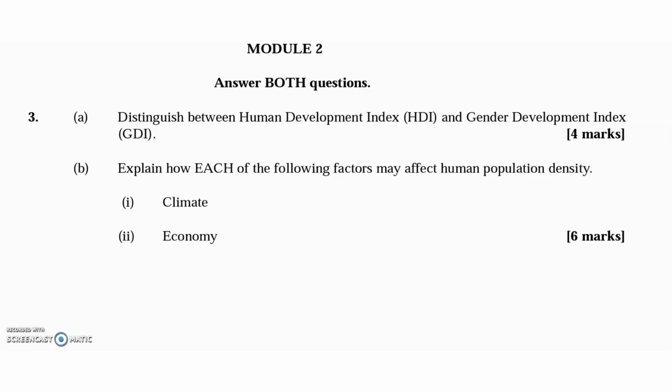Now, economy is a very important one. People tend to gravitate towards areas which are more economically productive. Hence areas which are economically diverse and productive would attract high population numbers, which would result in high population densities in specific areas.